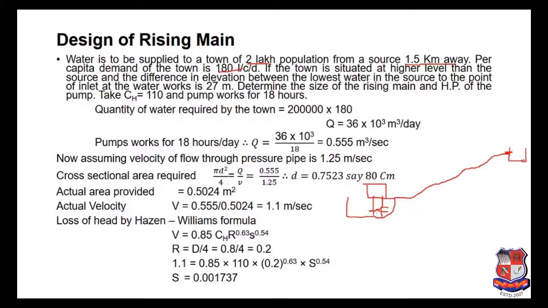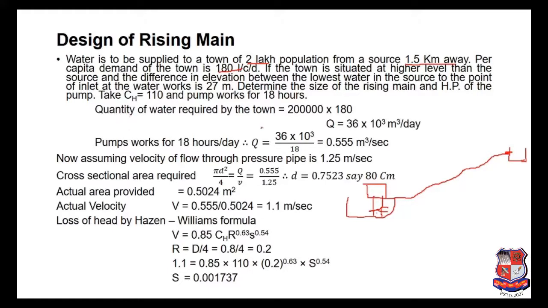So between this lowest water level and the point at this inlet, the elevation difference is 27 meter, right? So this 27-meter head is called static head, right? Difference between this lowest water level and the point of inlet.